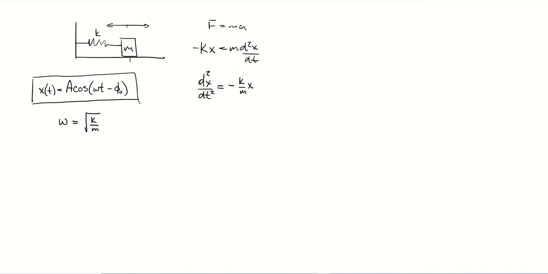We also compared this to uniform circular motion. If I have an object that goes in a circle with a constant angular velocity, and I think about the x position of that object going in that circle, that position can be described the exact same way, A cosine of omega t minus phi naught, where phi naught, that phase constant, is the initial angle that it's at, and it just spins around and changes its angle.